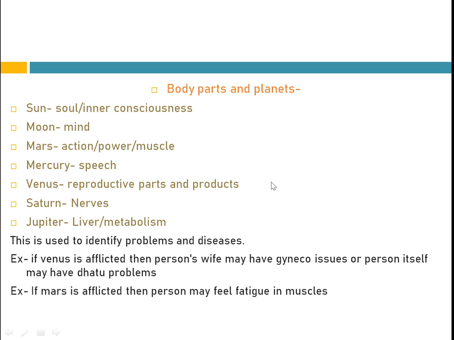Generally, the Saturn Mercury combination causes very intense nerve problems or nervous system problems. Suppose Mars is afflicted in a chart, then the person may feel fatigue in muscles also. Suppose Aries Lagna people, Mars will be the first house lord, and if Mars is afflicted, then the person may feel fatigue in the muscles. This is how we can use significations of these different planets.